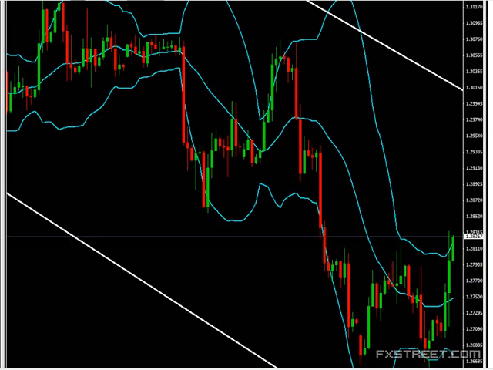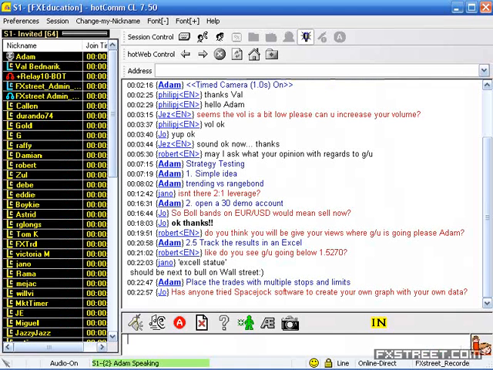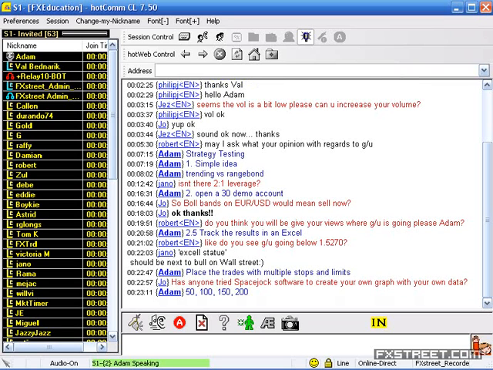Now place the trades, and I'll show you how I do so. Place the trades with multiple stops and limits. Now, I'm a swing trader, so I'm looking for trades that will make anywhere from 30, 50 pips, 100 pips, 200 pips. So what I'll do, and this is certainly up to you as well, is use 50 pip stops and limits, 100 pip stops and limits, 150 stops and limits, and 200 stops and limits. 50, 100, 150, 200.